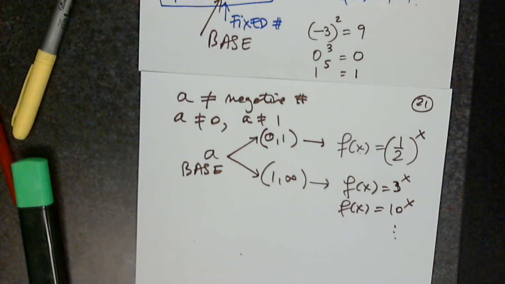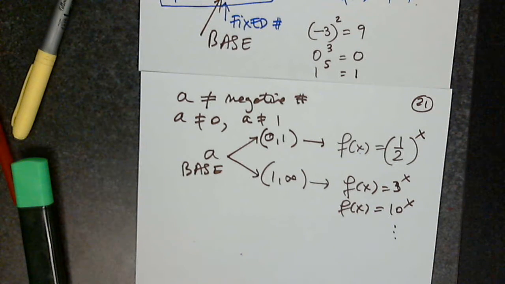So this function has a lot of applicability in real-life situations. When you get your mortgage, when you buy a house or you buy a car, the monthly rate is calculated using an exponential function. They will calculate and tell you you have to pay $250 a month, and that involves an exponential function.